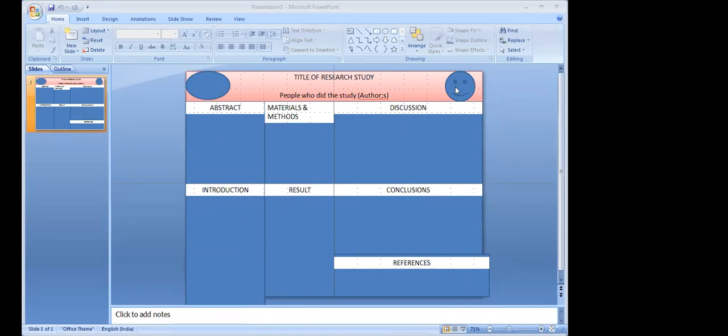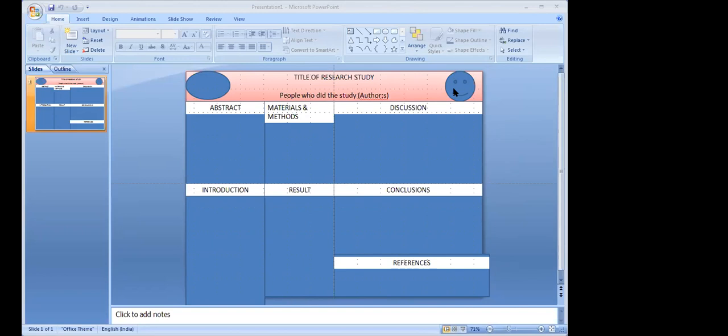Let's assume there is a phytochemical analysis study of a plant root extract or leaf extract. Your title will be phytochemical analysis of that particular plant's dried root extract in a particular solvent.